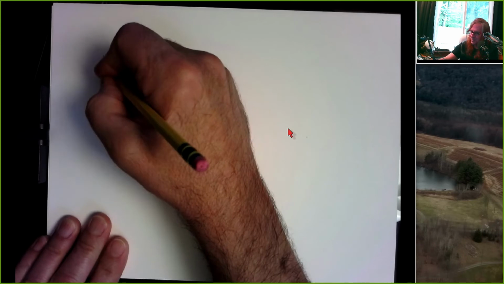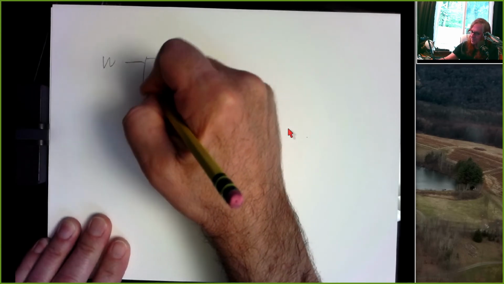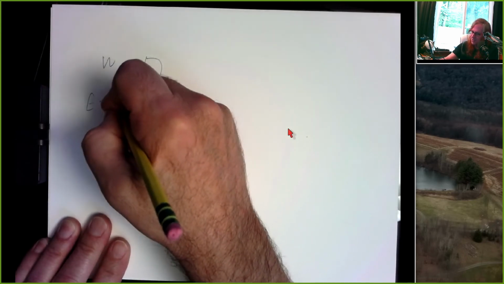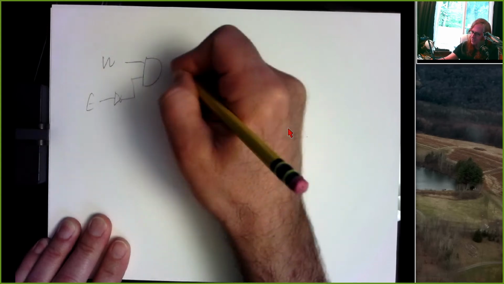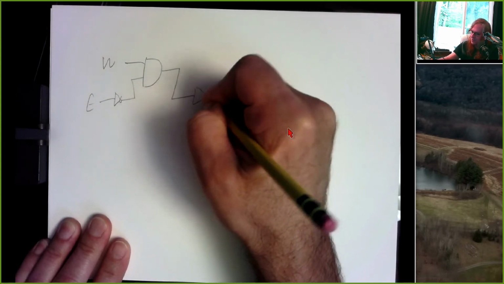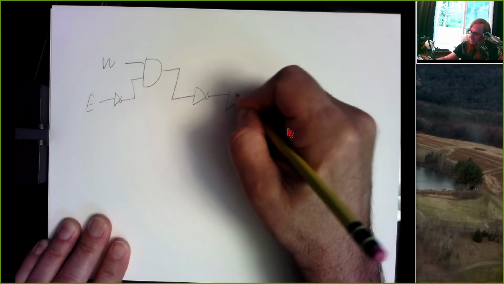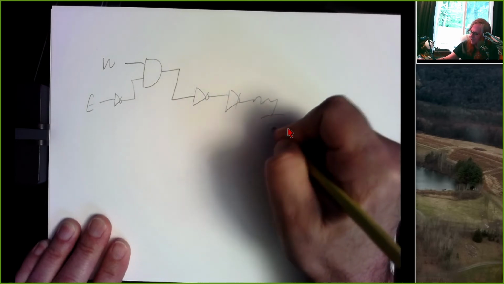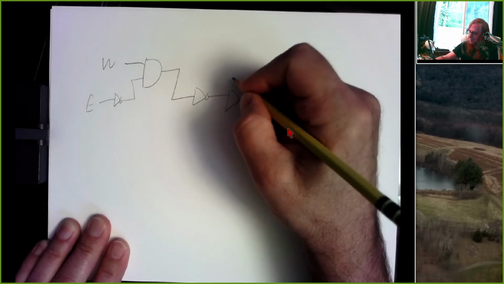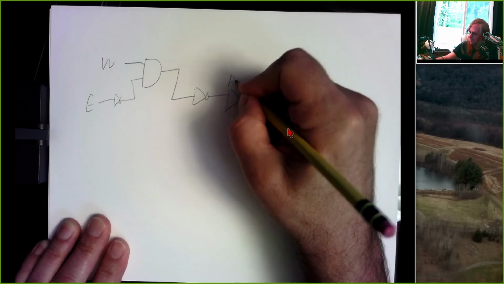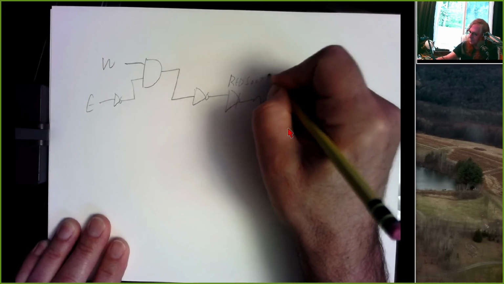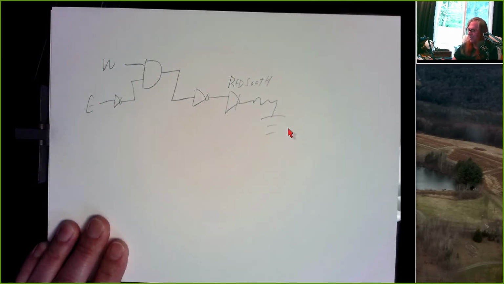So I want something like this. Here's my Western car input, and it goes into here, and here's my Eastern input, and it goes through an inverter, and this comes out, and it goes through an inverter, and this goes to an LED, and a resistor and ground, and this is red, south. And this and this and this have to be in my system diagram.